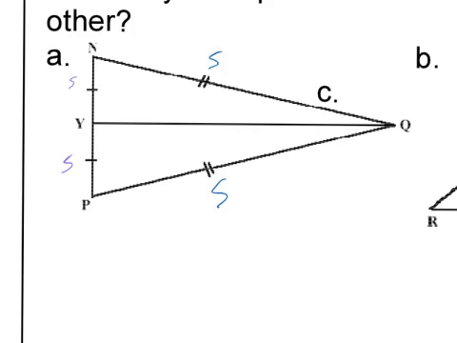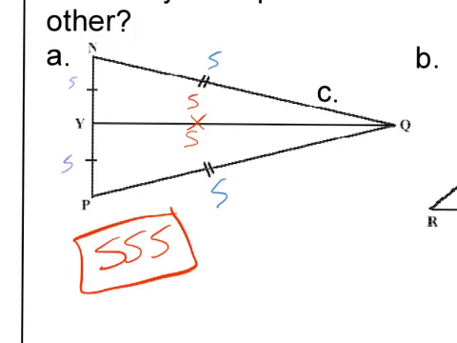So far I have two sides, but look down the middle. This is segment YQ. Shouldn't YQ be congruent to itself? The answer is an obvious yes. So that's a side and that's a side, just two sides of the same segment. So this is SSS. Two triangles are congruent by SSS.